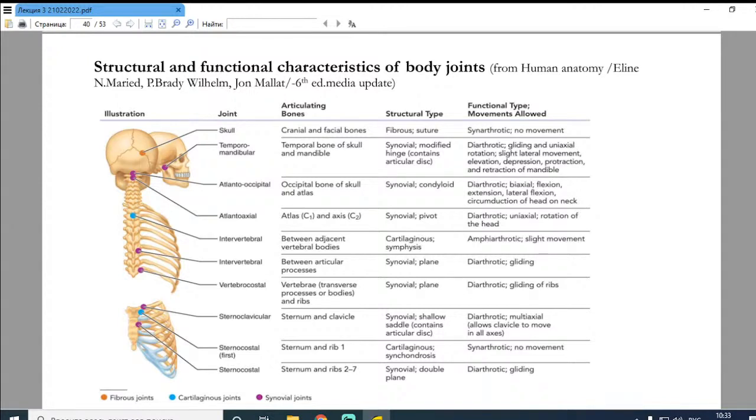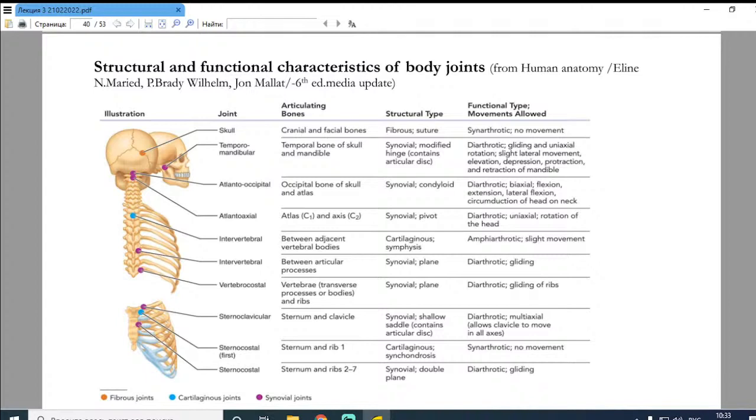You see the joint, vertebra and thoracic type. What you see is the classification of joints, including articulating bones, structural type, functional type, movement allowed.